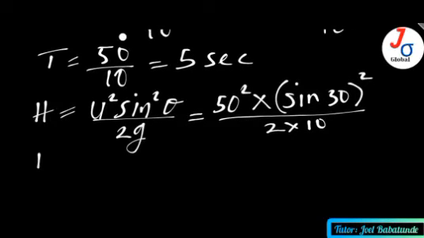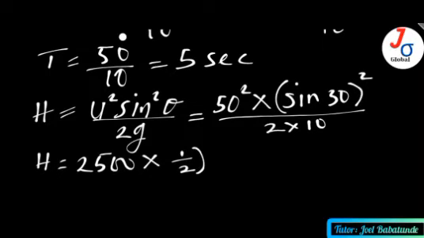So H becomes 50 squared, which is 2500, multiplied by sine 30 which is 1 over 2, squared, divided by 2 times 10, which is 20.